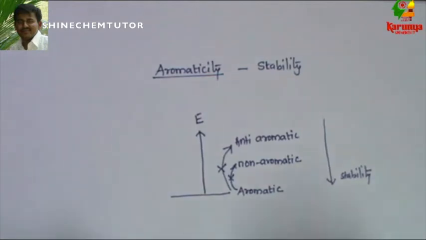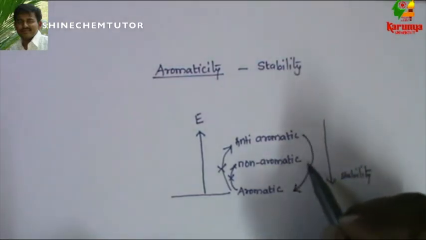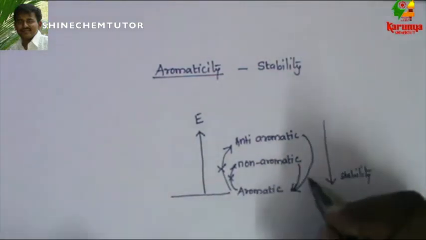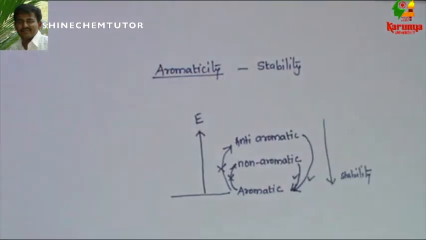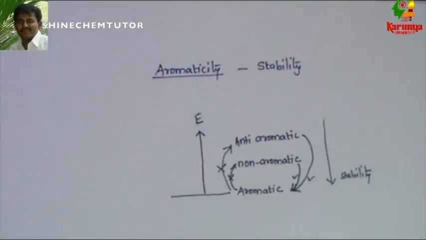On the other hand, anti-aromatic and non-aromatic compounds try to become aromatic. If there is any possibility for an anti-aromatic or non-aromatic compound to become aromatic, then that reaction will be very facile. The reason is the stability of the aromatic compound is very high, so it prefers to be in the most stable form.